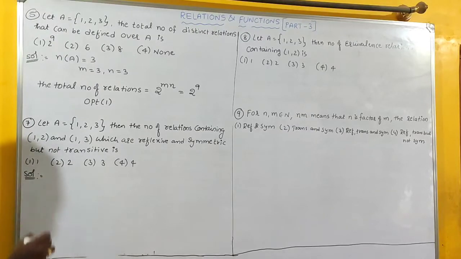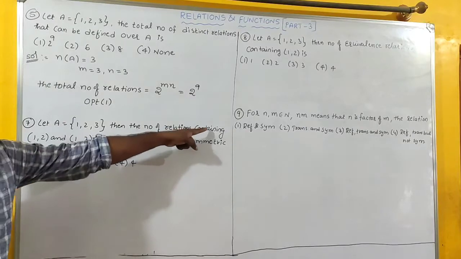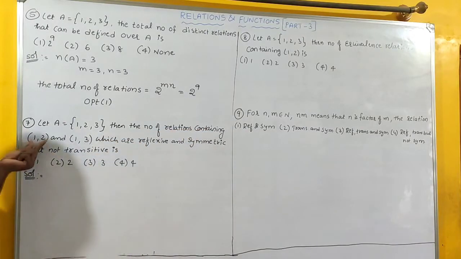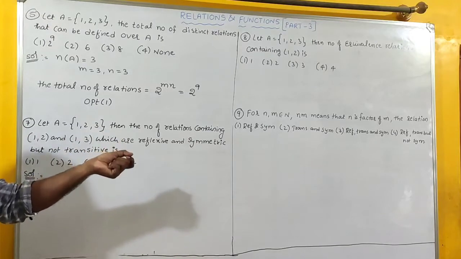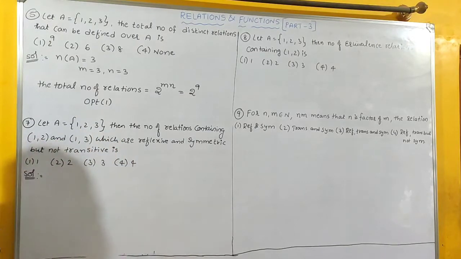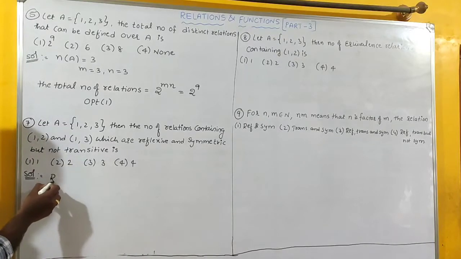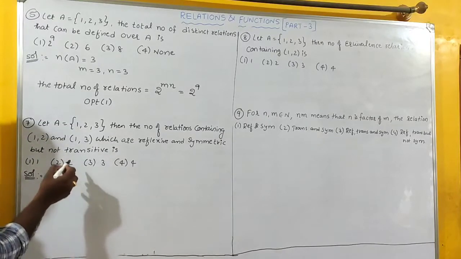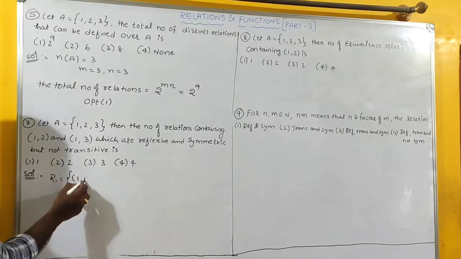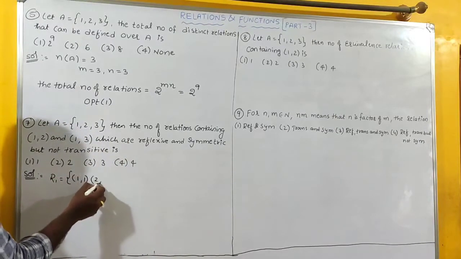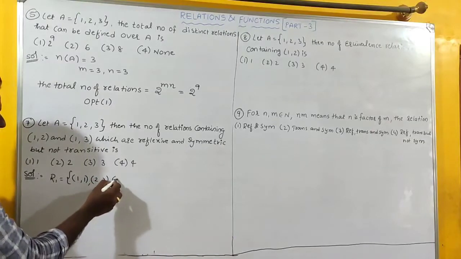In the 7th question, A contains 3 elements. Then the total number of relations containing these two pairs, which are reflexive and symmetric but not transitive. Okay, I am taking the relation first as reflexive. Reflexive means (1,1) should be there, (2,2) will be there, (3,3) will be there.